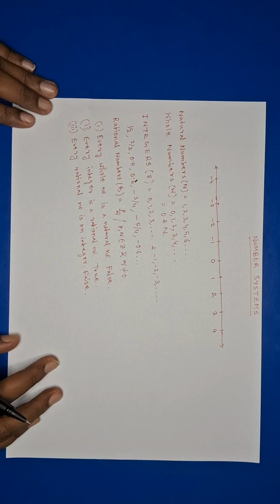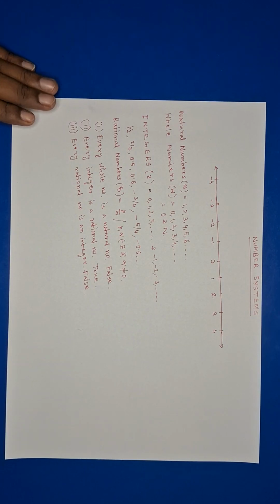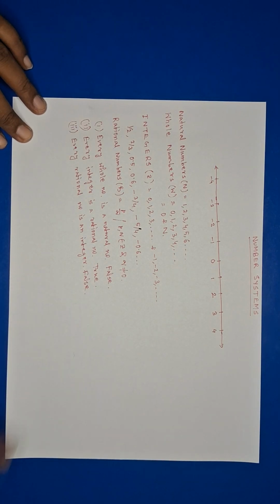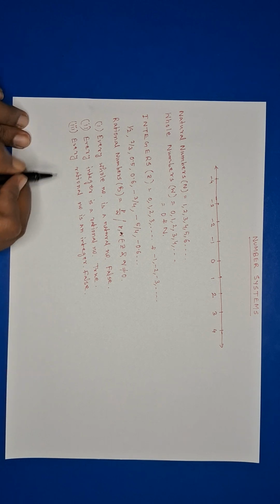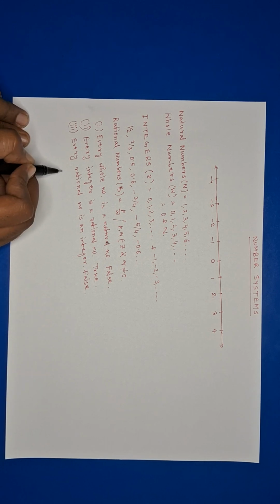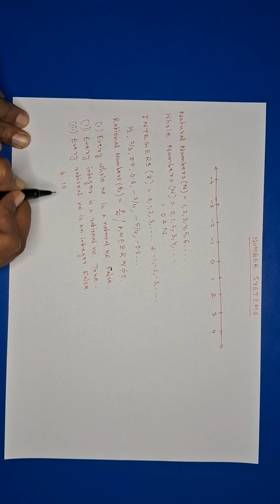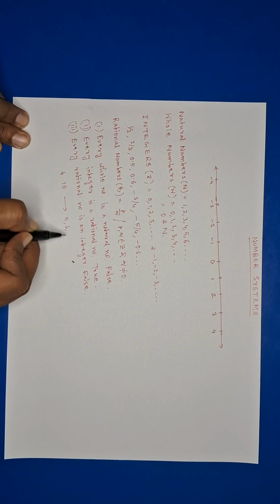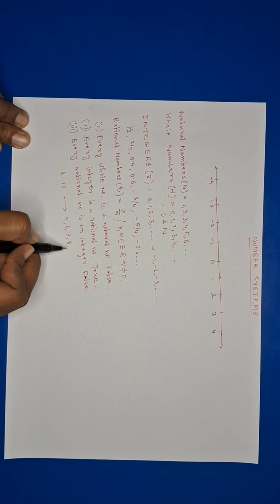Here one thing to note, that there are infinitely many rational numbers between any two given rational numbers. Suppose we consider how many rational numbers are there in between 4 and 10. If you consider integers, there are only 5, 6, 7, 8, 9.